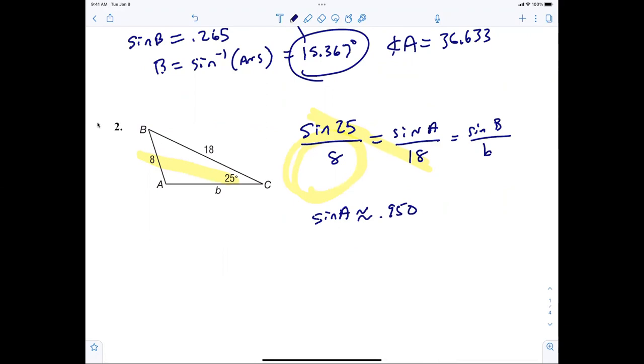So what do we come up with for A? What is A? 18 sine 25. Come on, type that in. 18 sine 25, close parentheses, divided by 8. That's not good. User error.